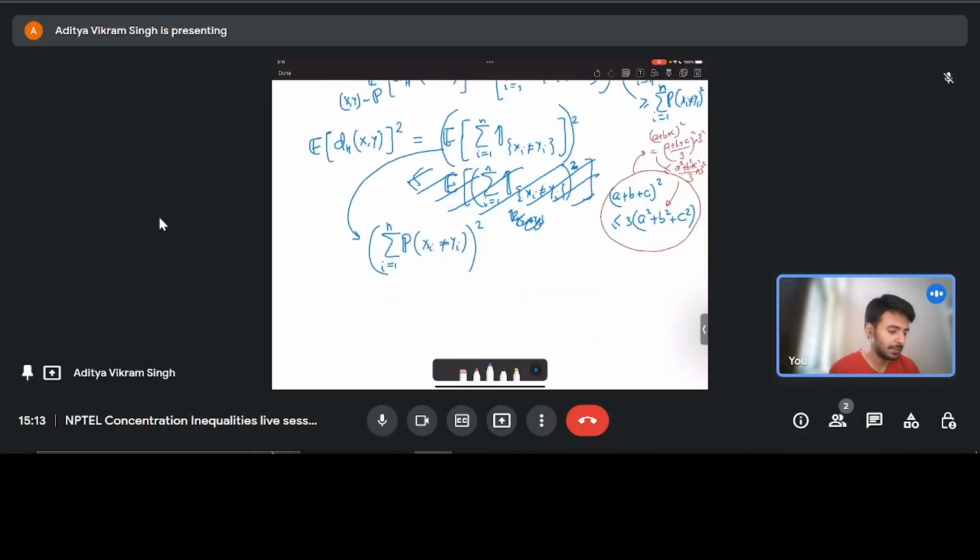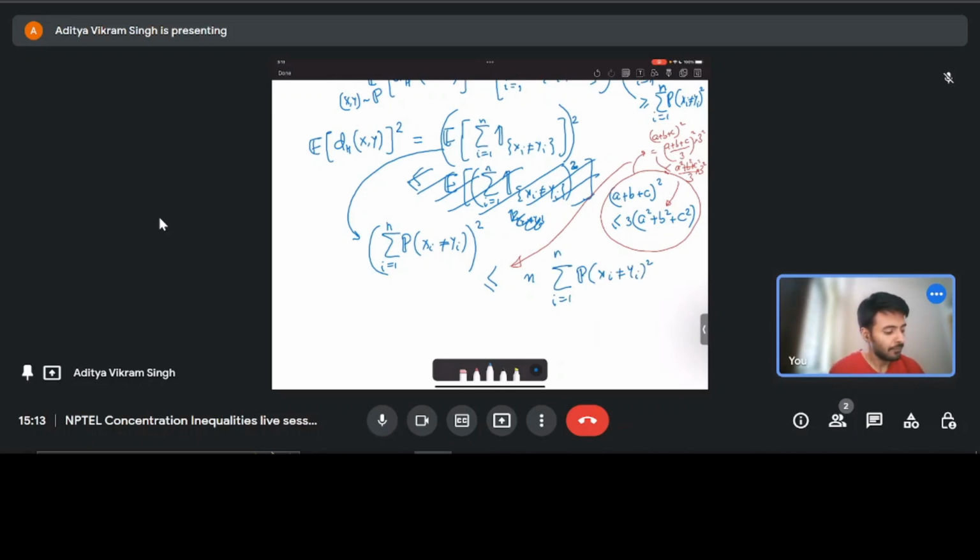Now apply Jensen's inequality, in the sense of the thing in red here which we just argued. If you apply it here, you get that this is less than or equal to n times the sum over i equals 1 to n of the probability that Xi not equal to Yi, the whole square.